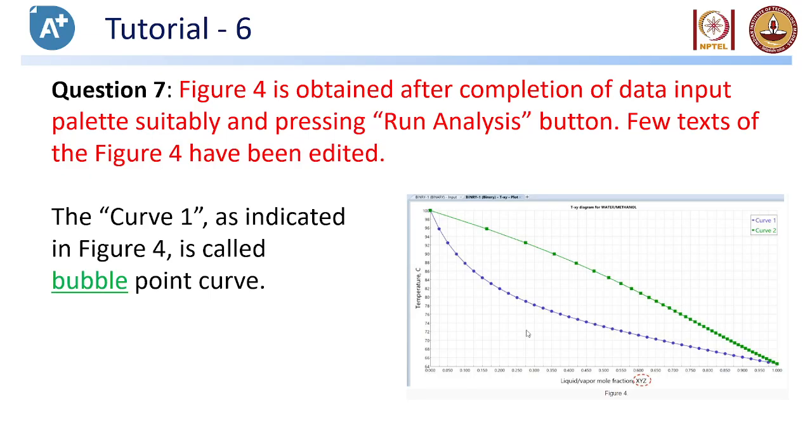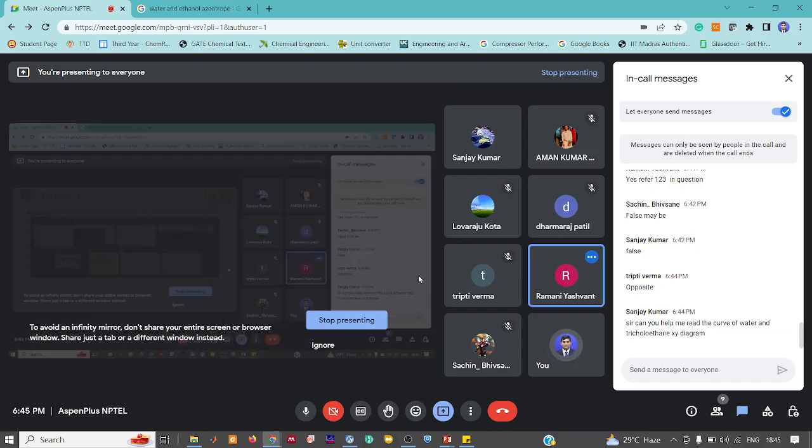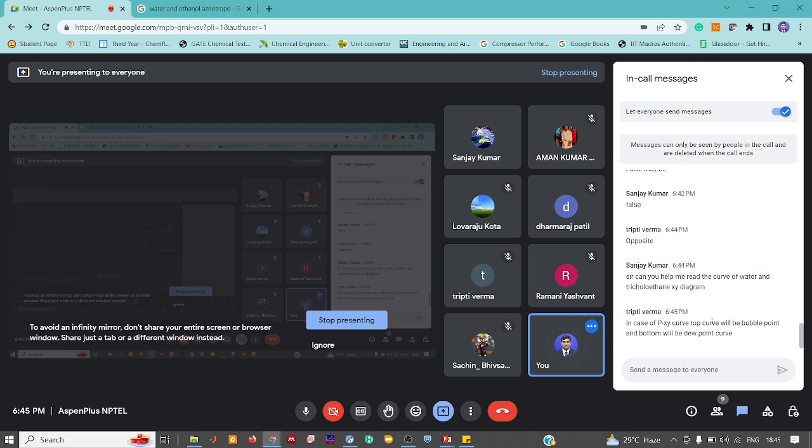Okay, you mean the curve which is below is the bubble point in both cases, and the curve which is above is the dew point curve in both Txy and Pxy. Is that what you mean? Okay. Varma, can you justify your answer? You're stating it as the opposite. How do you know that?